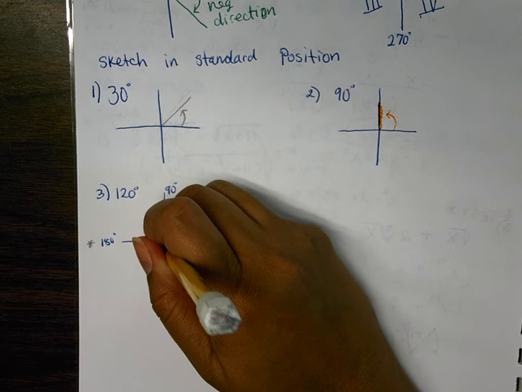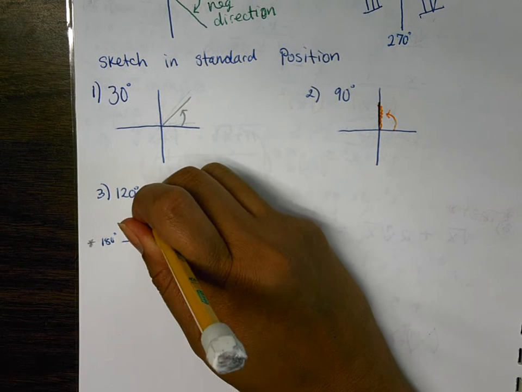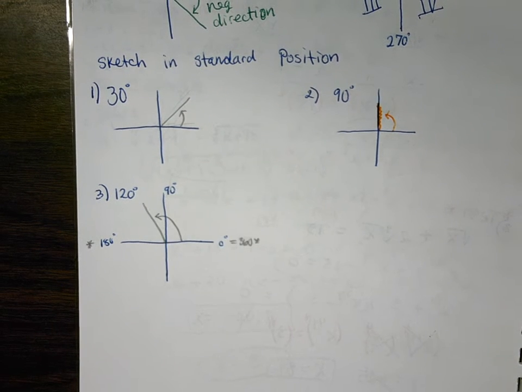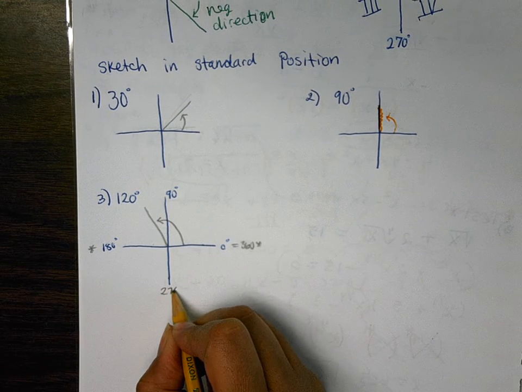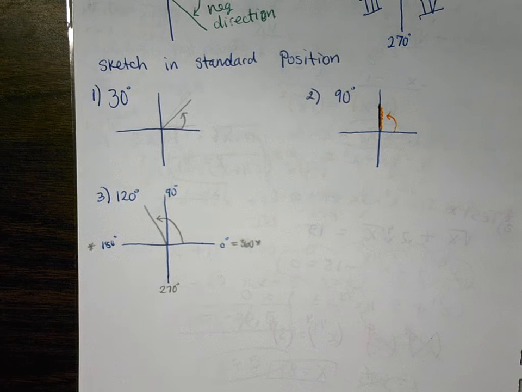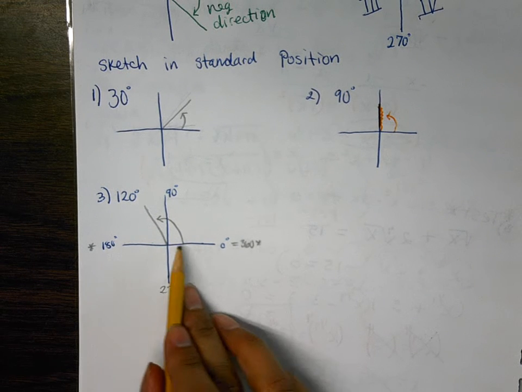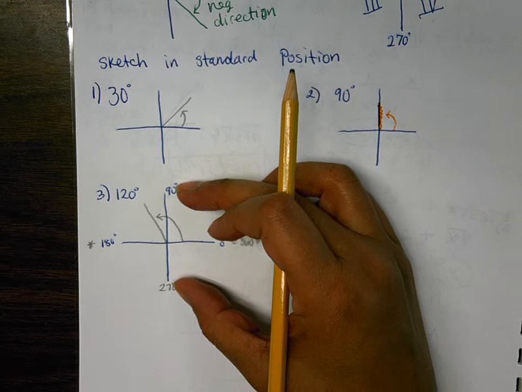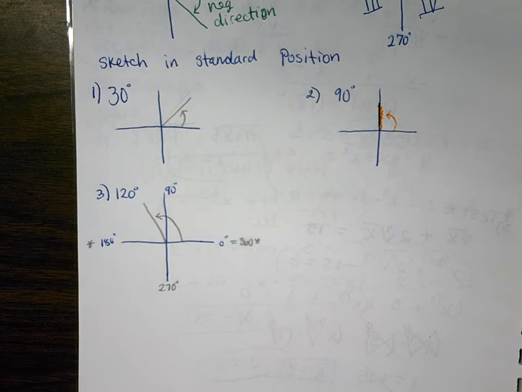So think of drawing a 60 from here, and it looks like that. So you use the 180 or the 360, you never use the 90 or the 270 when you're trying to figure out how far you are. It's always how far you are from the x-axis, never the y. That is called your reference angle.